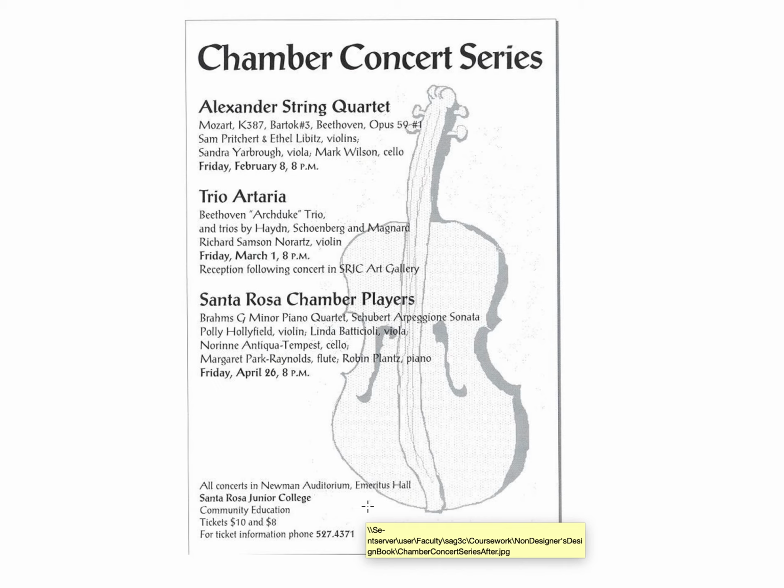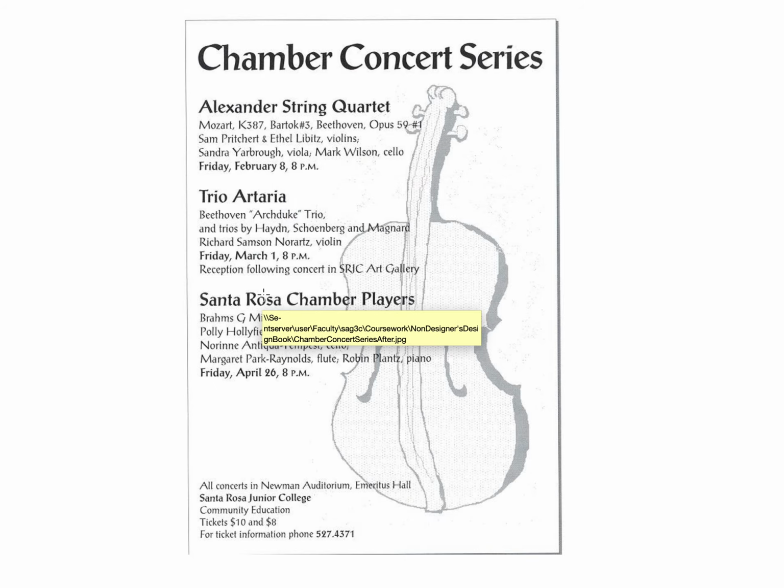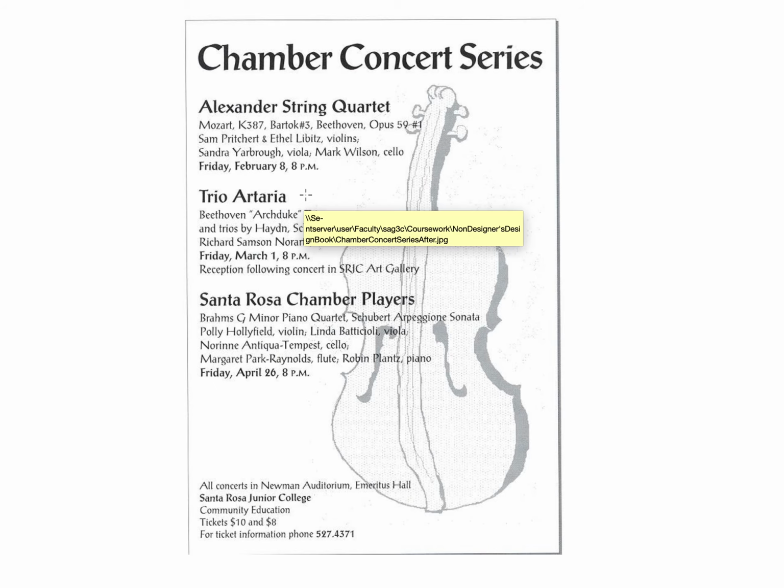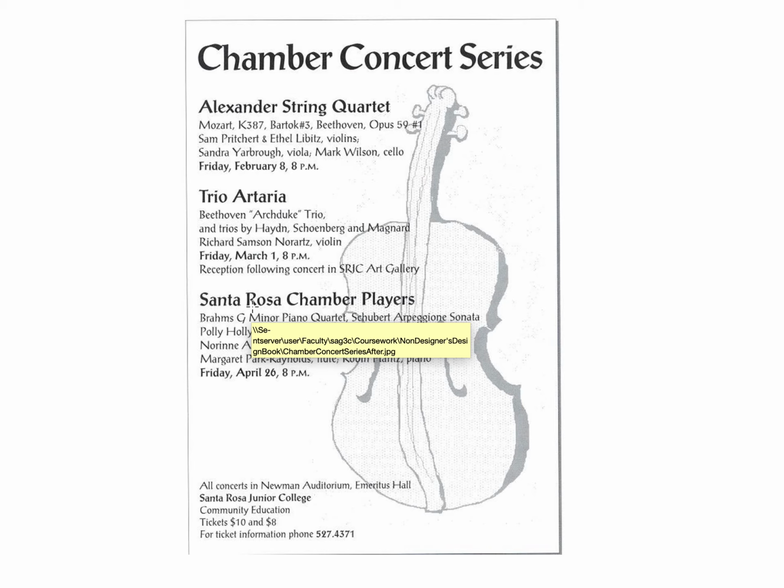So you want people to take in information based on the most important information you have, which would be the Alexander String Quartet. Okay, what does that include? And then where is it? And when is it? As opposed to, okay, what's on February 8? Okay, what's on March 1? So it's just, think about the way you want people to take in information when you relay it. Perhaps you wanted them to read by the dates.